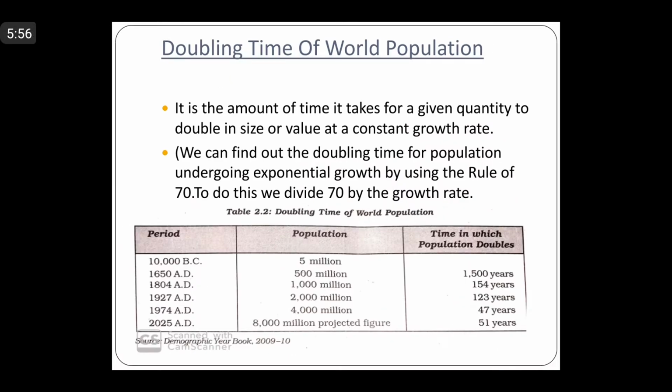Now there comes a topic, doubling time of world population. What is this doubling time of world population? In your book, it is given that it took more than a million years for the population to attain the 1 billion mark, but it took only 12 years for it to rise from 5 billion to 6 billion.